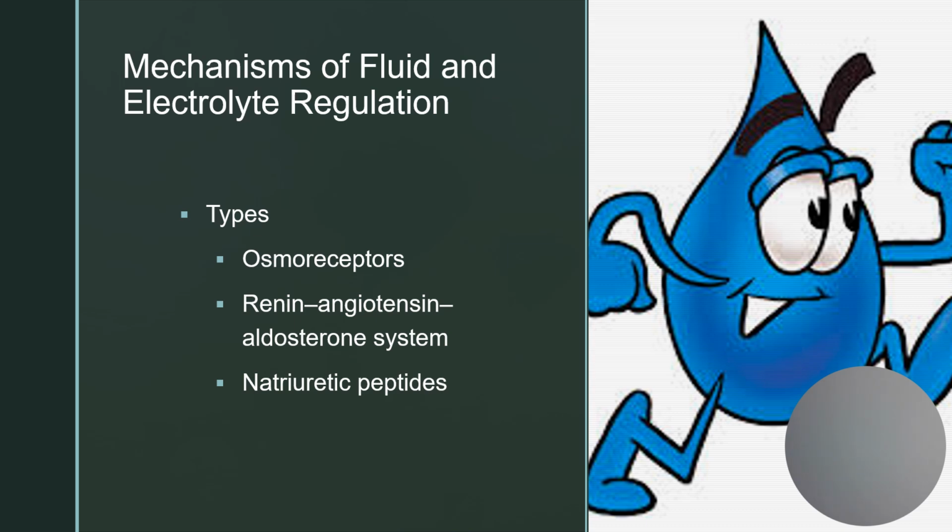And FYI, when we're talking about heart failure, one of our key lab tests will be the BNP, the B-type natriuretic peptide. When it is elevated, it will tell us the degree of heart failure.